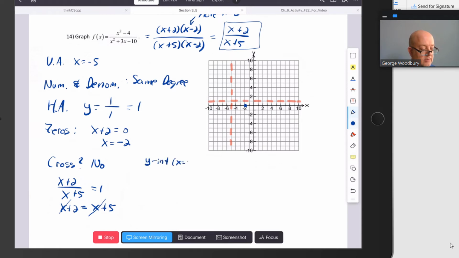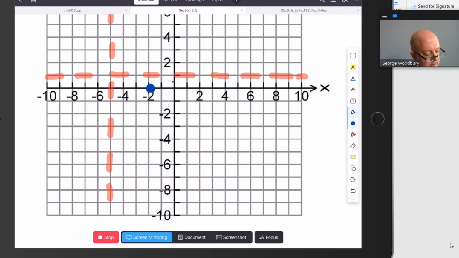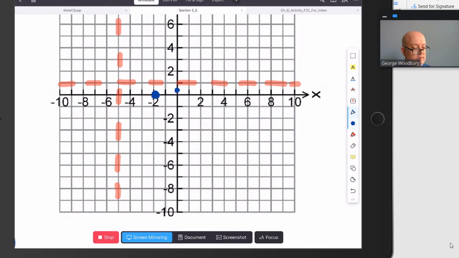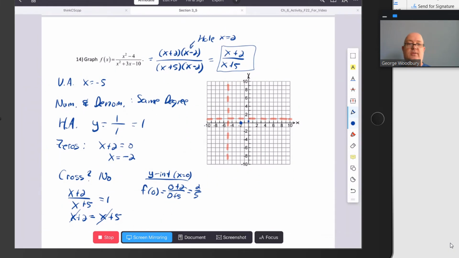Again, that's where x is 0, so f of 0 equals 0 plus 2 over 0 plus 5, and that is 2/5, or a little less than 1/2. So if half is halfway, it's going to be a little below that. And I do need to figure out the hole at x equals 2.